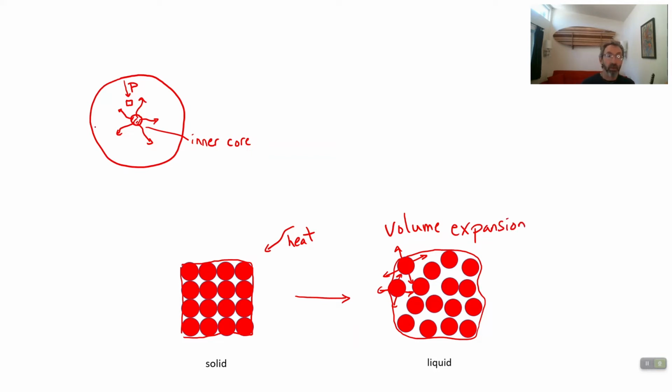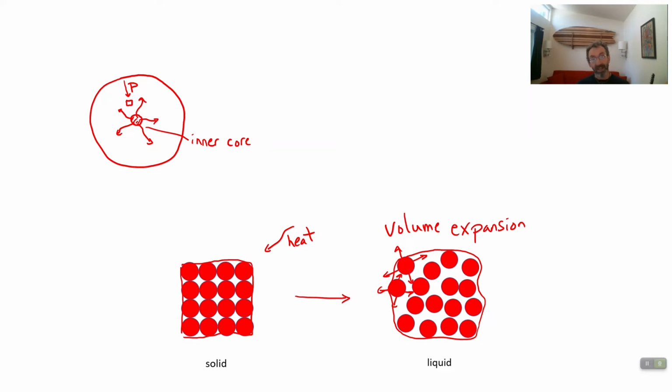Now, coming back to the rock here that's close to the inner core, and it's heating up as a result of the heat generated from the inner core, it might want to turn into a liquid, but all this pressure that's bearing down on it prevents it from expanding.